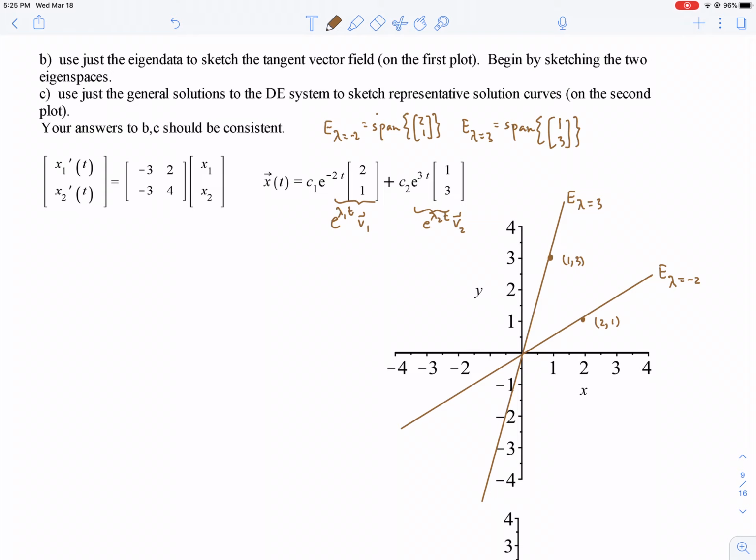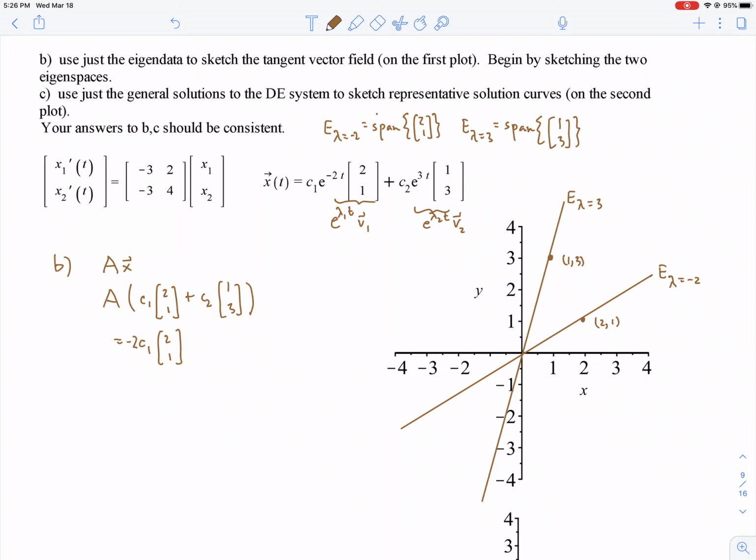Okay, so for part B, we want to use the fact that the tangent field is AX, and we know that A, as from the previous page, times C1 times the eigenvector (2, 1) plus C2 times the eigenvector (1, 3) is C1 A of (2, 1), which is C1 times -2 times (2, 1), plus C2 times A of (1, 3).